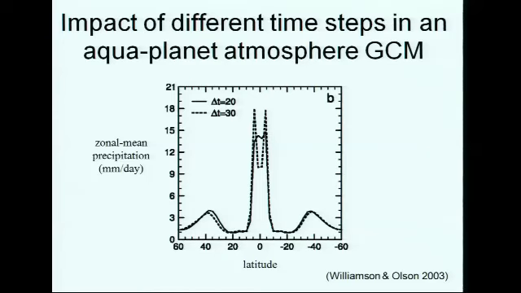Even a change in the time step by a factor of 2/3 is enough to radically change the zonal mean precipitation structure in this model. So again, an example of a lack of convergence. As you try and make the time step go to 0, the basic climate changes significantly.